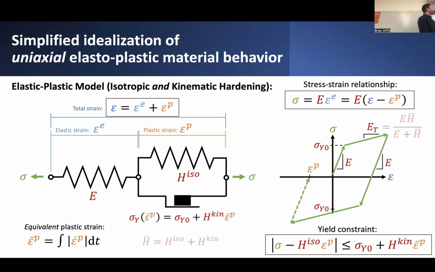The other way that we could increase the apparent strength of this material as we continue to deform it and permanently slide this element back and forth is by supposing that instead we increase the apparent sliding force resistance, which I called the yield stress associated with this element. We could have that depend on something called the equivalent plastic strain.